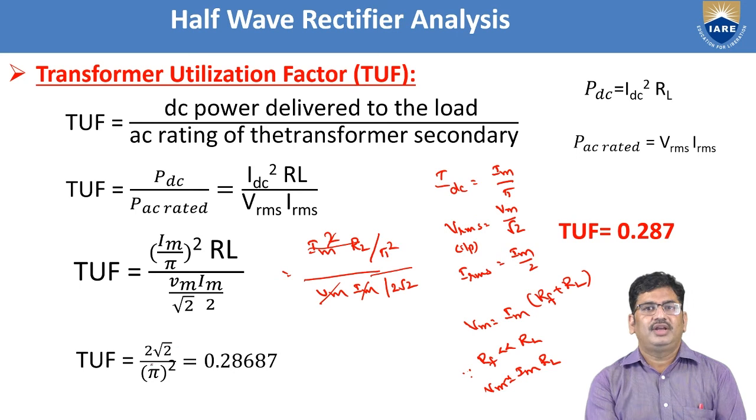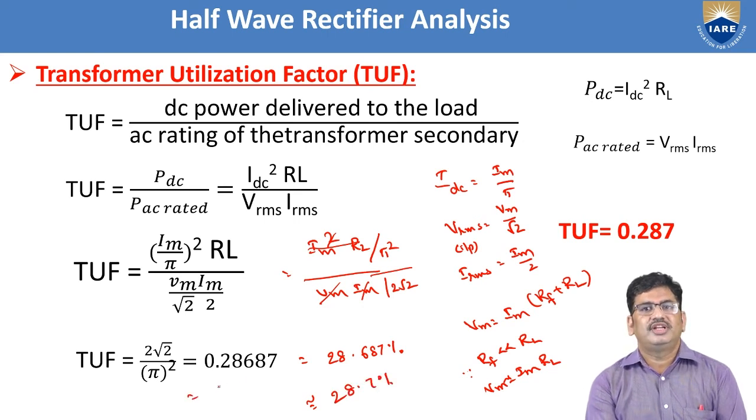By finding out this value, we will get TUF is equivalent to 0.2867. In percentage, we can write this by multiplying with 100, we'll get 28.67 percentage. This we can approximate as 28.7 percentage.